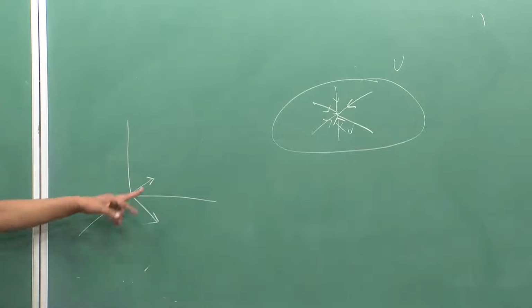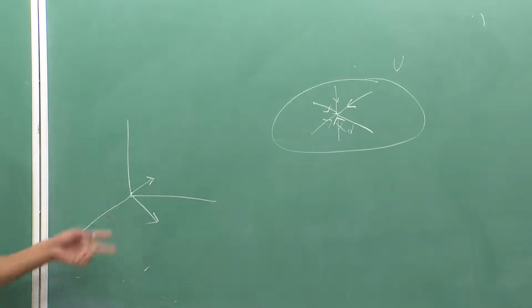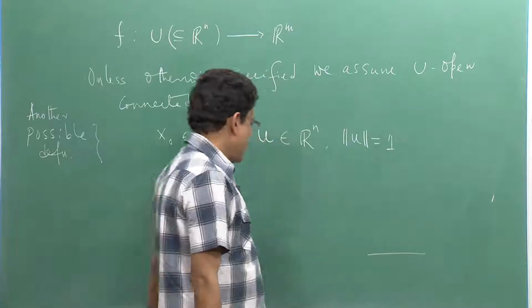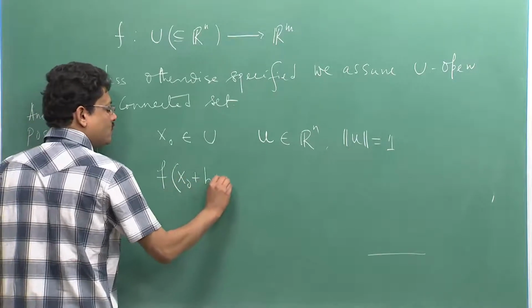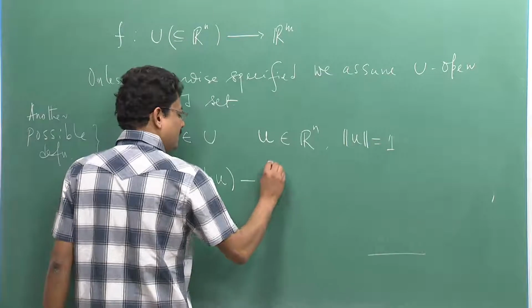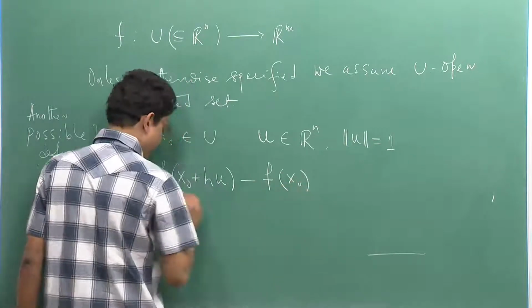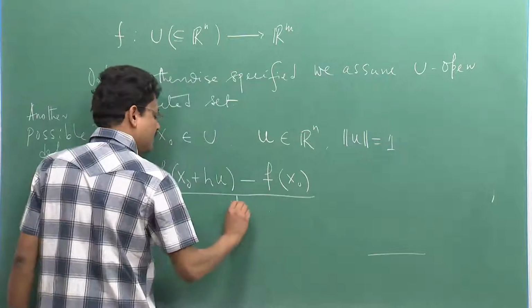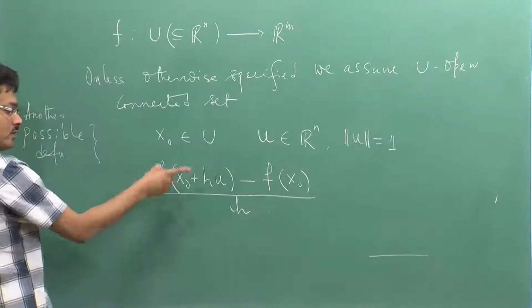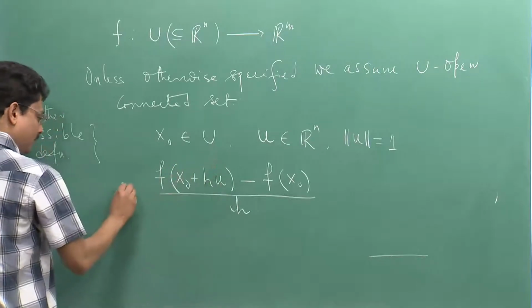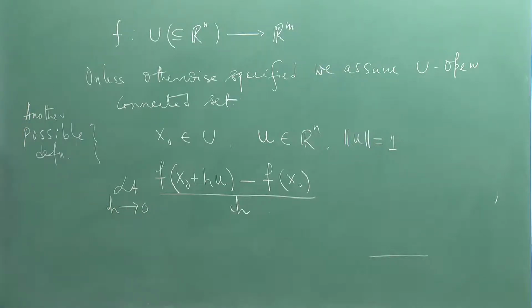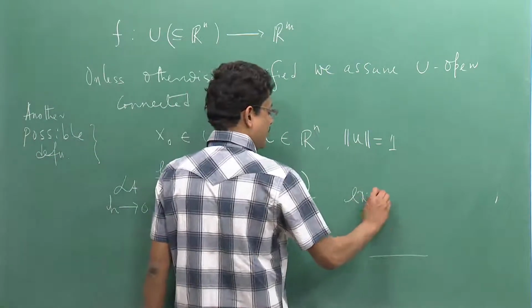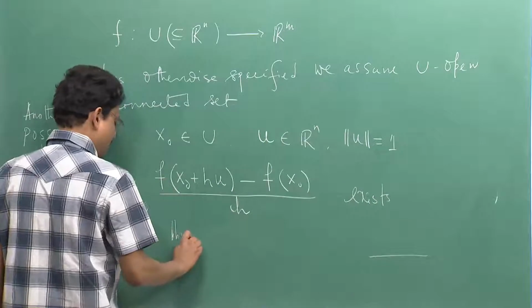The direction is precisely given by one norm 1 vector, and I should look at f of x naught plus h u, I should approach through this direction, then minus f of x naught, divided by h, I cannot put a mod sign here because I have to approach from negative as well as positive side of u, and then put h goes to 0, h is real, and if this exists, then f is differentiable.